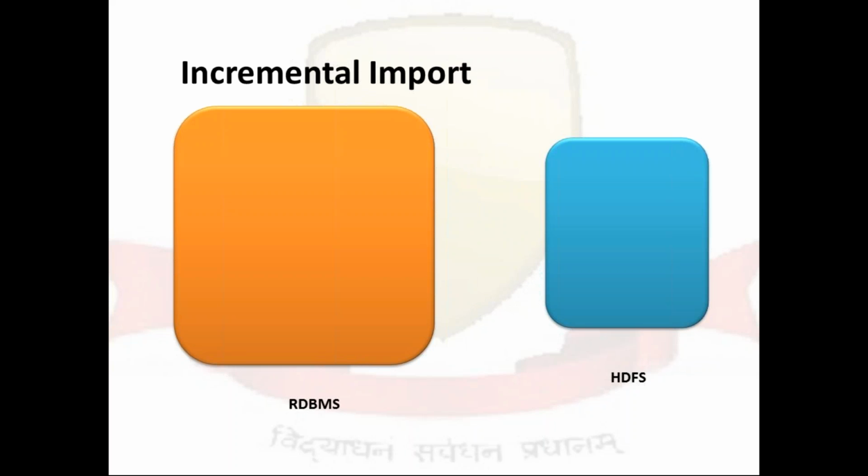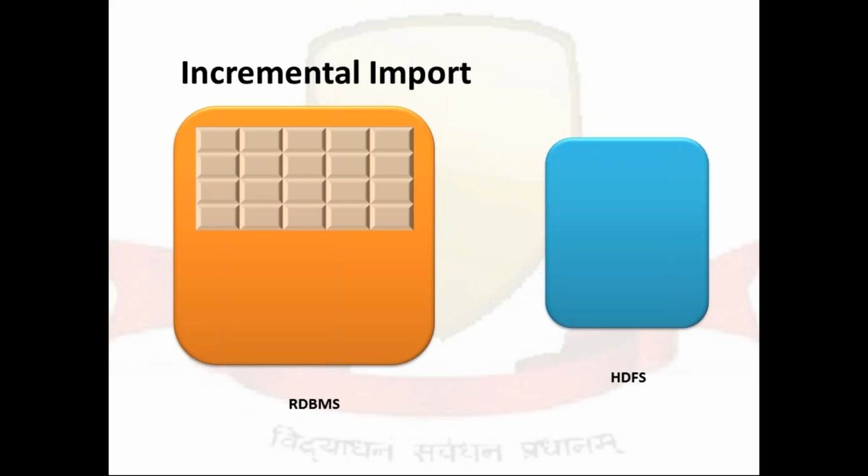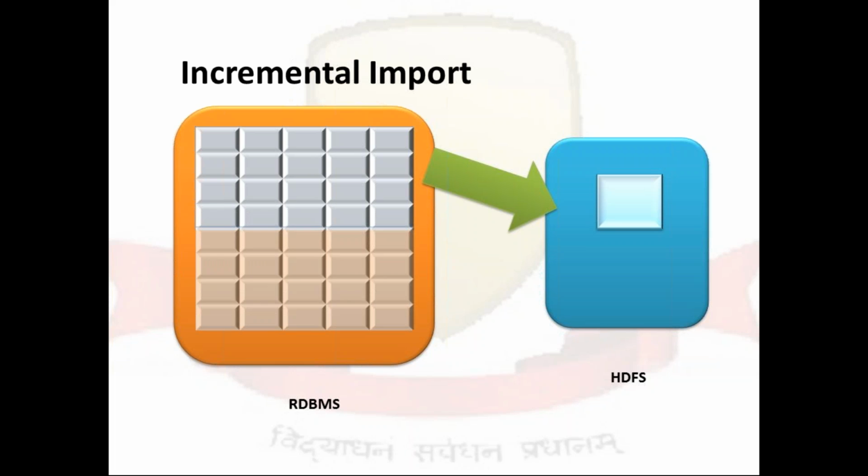Let's say this one is your RDBMS and this is DFS. You have some table in the RDBMS, some data, which is supposed to be migrated to the DFS system using Sqoop. After some time, there's some addition in the data. Now this additional data will be transferred to the DFS if we follow the rules and concepts that we are going to discuss here.